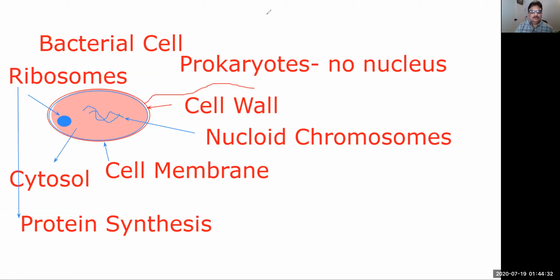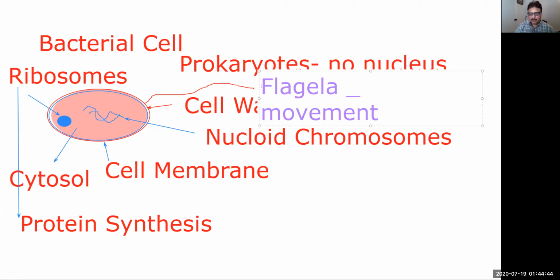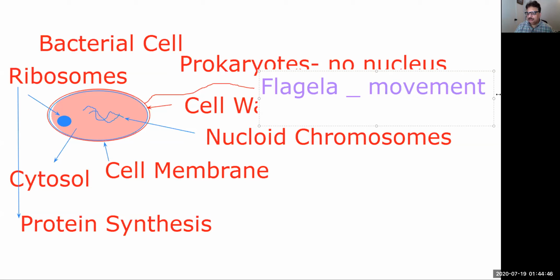This long whip-shaped structure is called flagella, which helps in the movement or locomotion of bacteria. And why does a bacteria need to move? It needs to move towards food. It needs to run away from enemies. So this thin whip-like structure is called flagella.